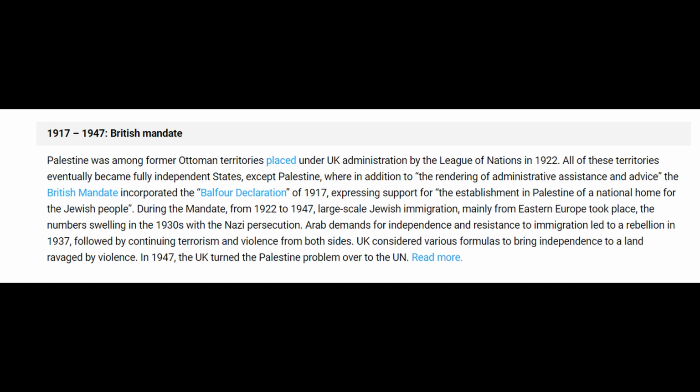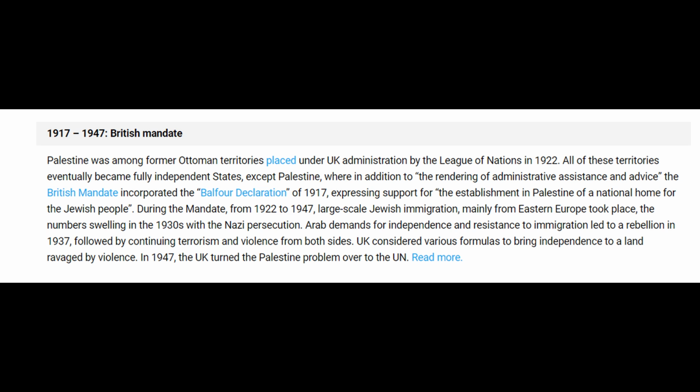In this, during the Mandate, from 1922 to 1947, large-scale Jewish immigration, mainly from Eastern Europe, took place, the numbers swelling in the 1930s with the Nazi persecution.